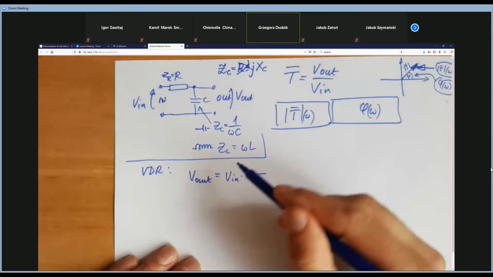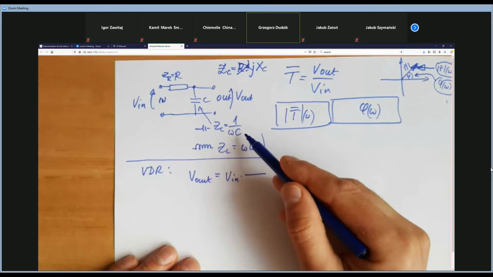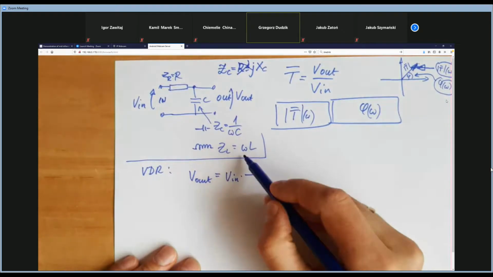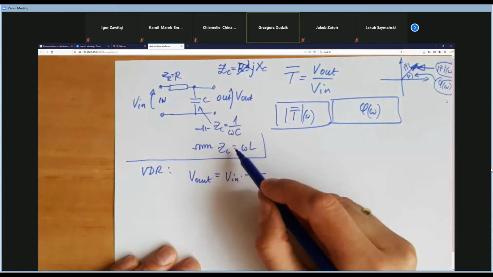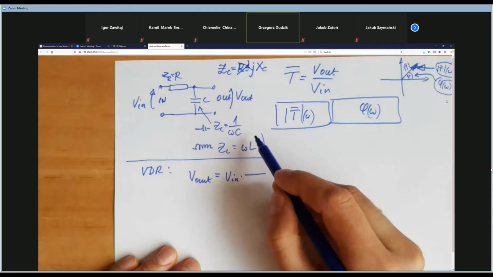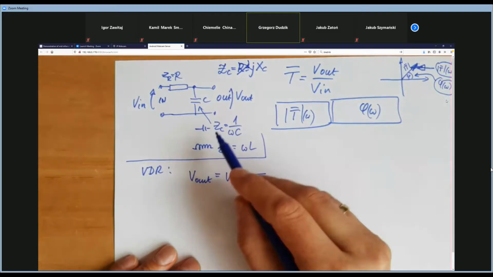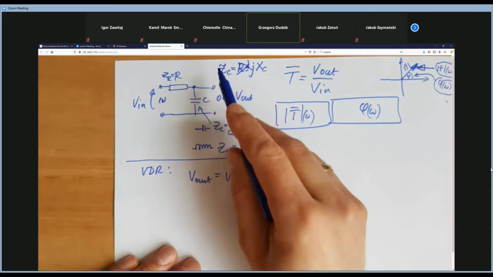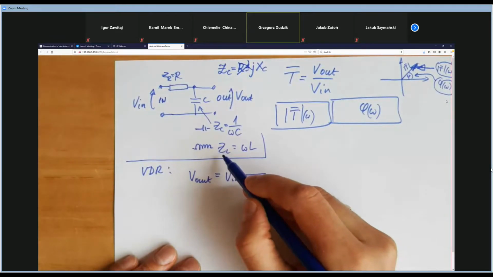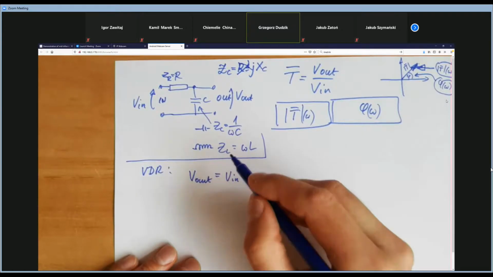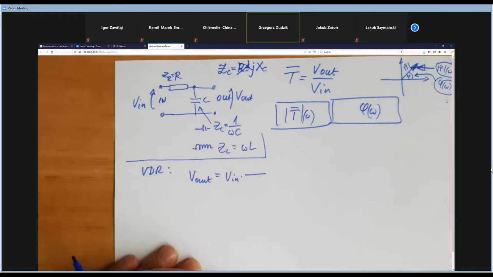So in fact, 1 over omega C is the reactance of the capacitor. Omega L is the reactance of the pure coil. But the ideal coil doesn't have any resistance, so ZL, the impedance of the pure coil, is equal to 0 plus J omega L.